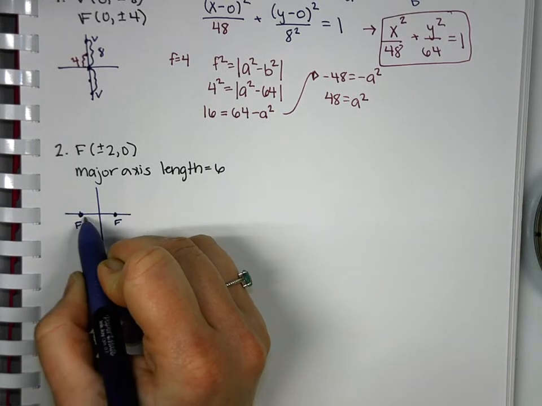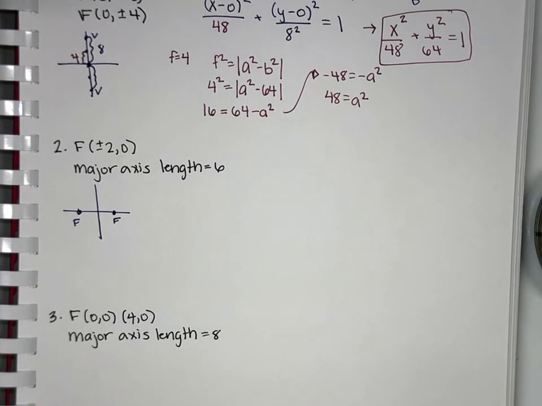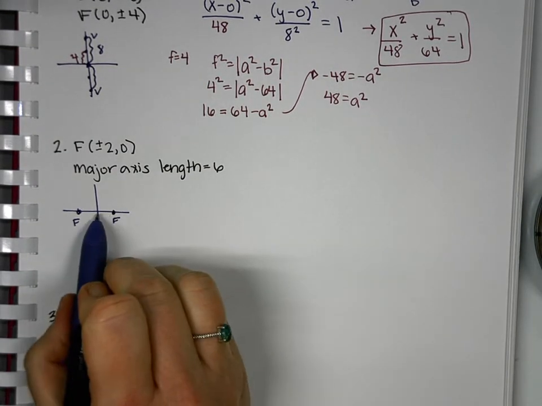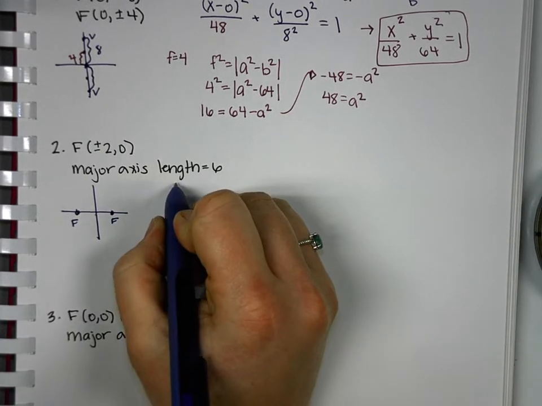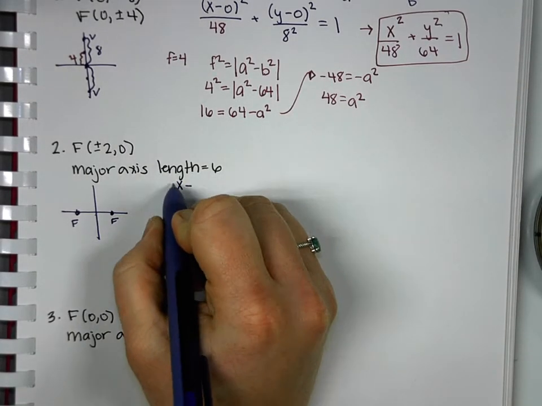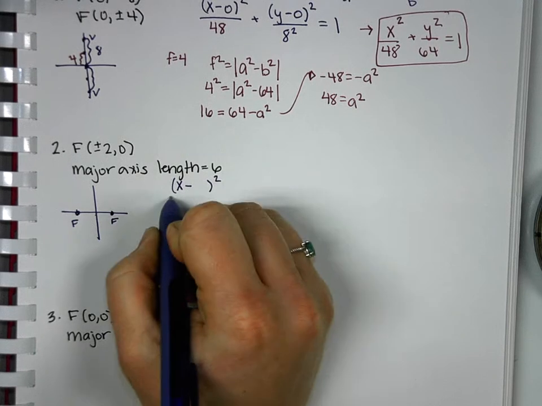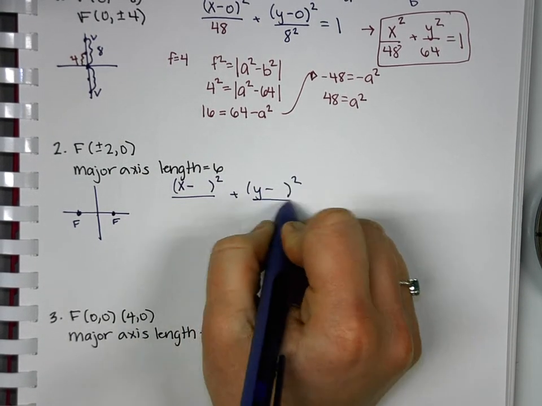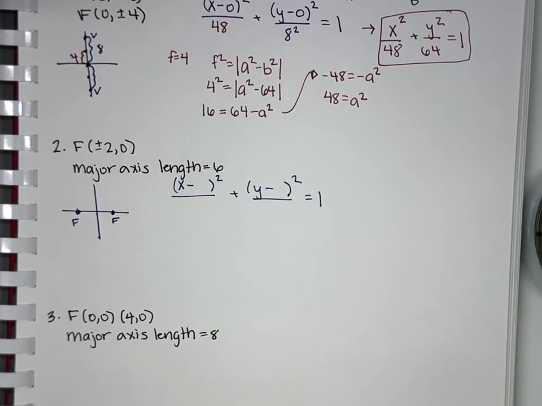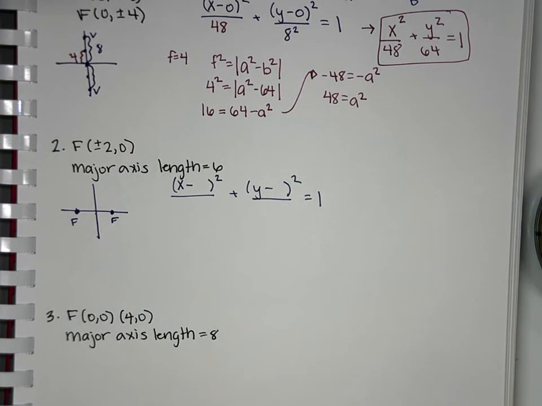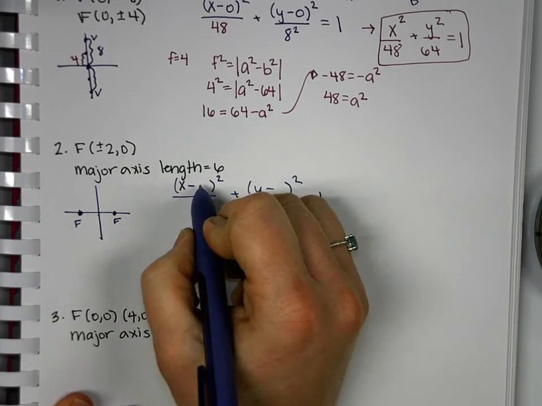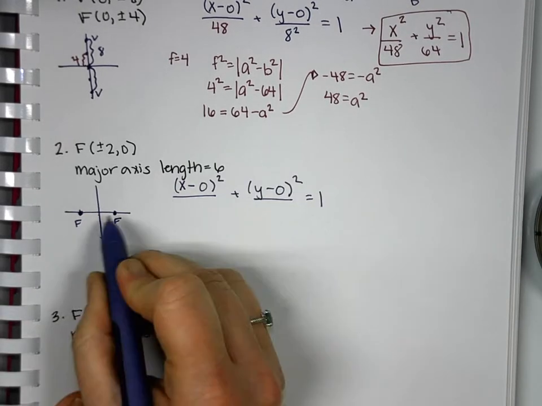So again, I can use the two foci to help me find my center, because I know it has to be in the middle. So I have x minus blank squared over something and y minus something squared over something equals 1. So there's my generic outline for my equation. My center, in this case, would be 0, 0, because that's what's right in the middle of my foci.